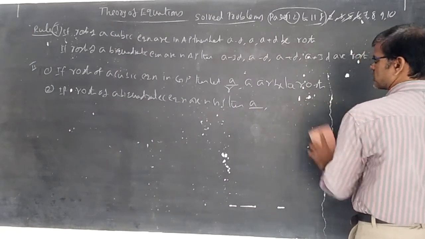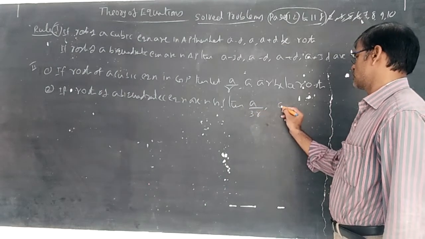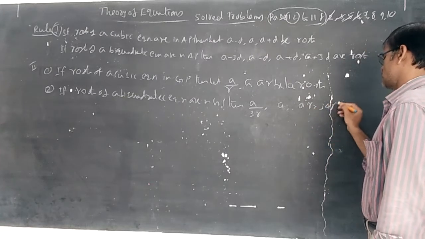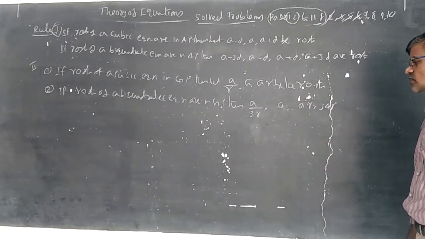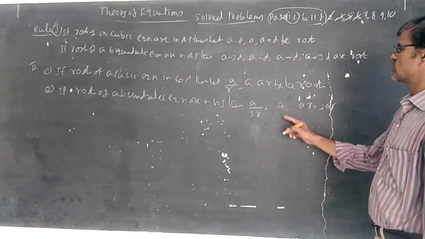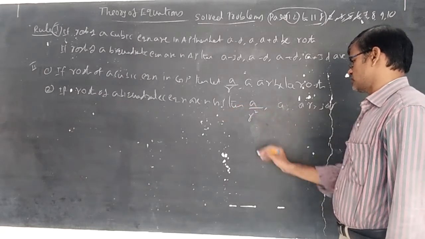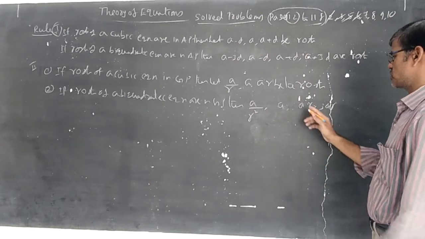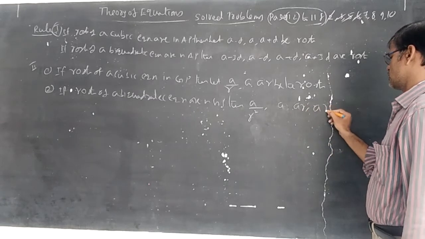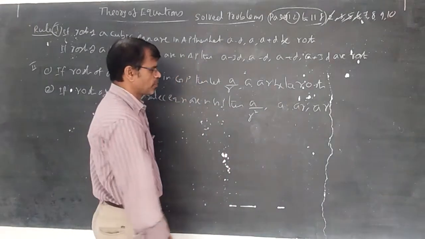A by 3r if we write here, ar, 3r, r and r will be getting cancelled. A power 4 you will get, yes. So a by r square we think. A by r square, a, ar, but t2 by t1 should be maintained in the proper way.